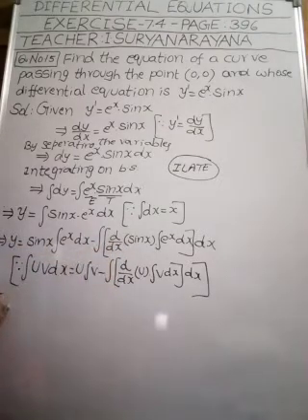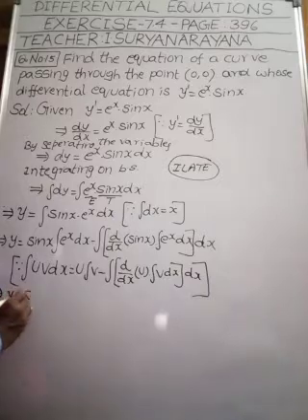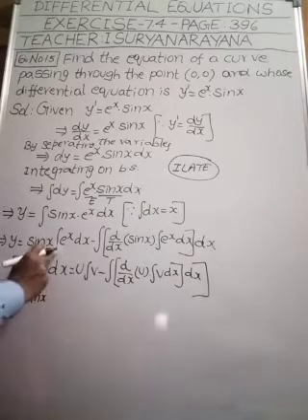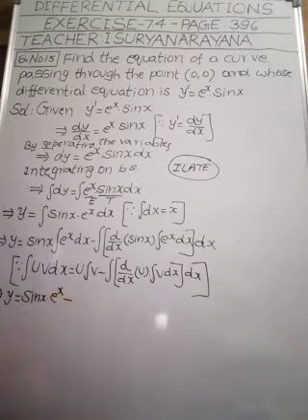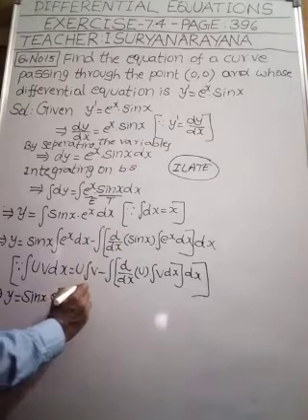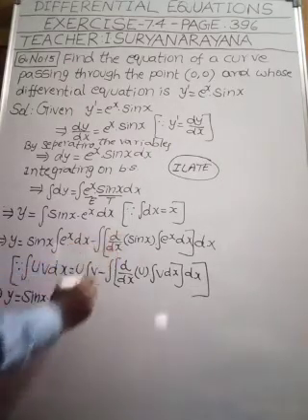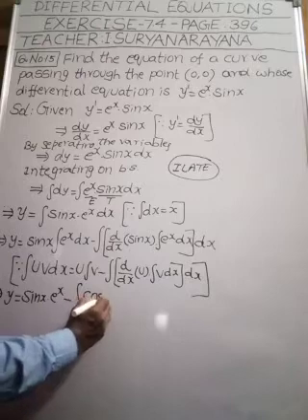This implies y is equal to sin x into integral e power x, what you get? e power x, minus integral of d by dx of sin x, what will you get? cos x. Yes or no, my children?